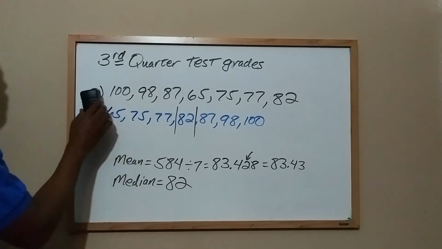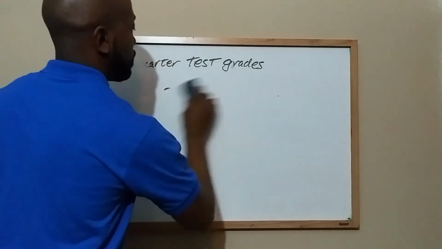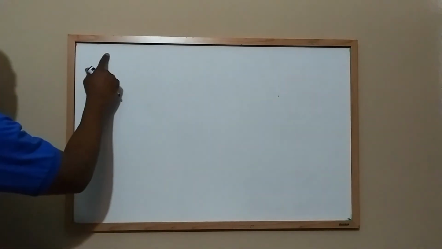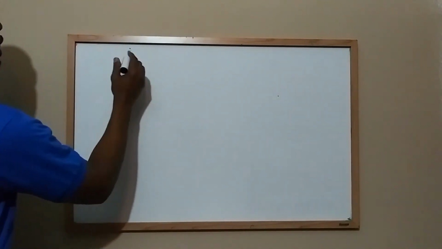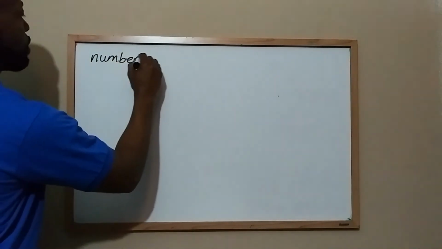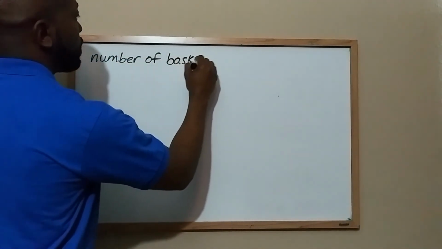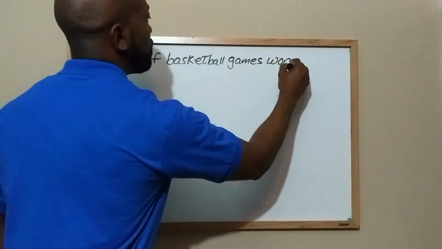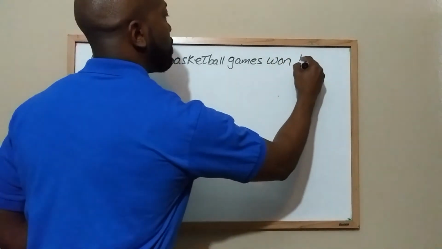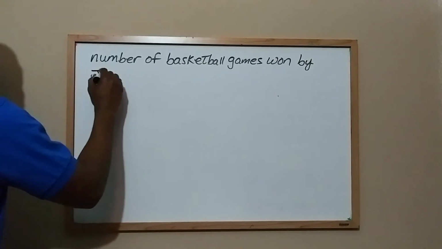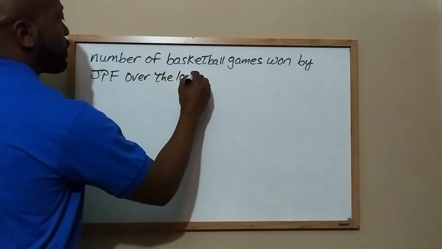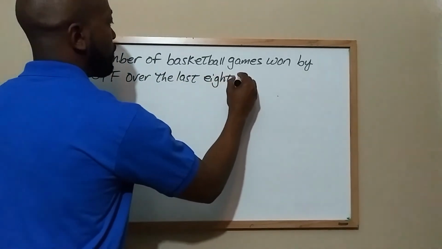Another example. In this example, let's use the number of basketball games won over 8 years. So the number of basketball games won by JPF over the last 8 years.